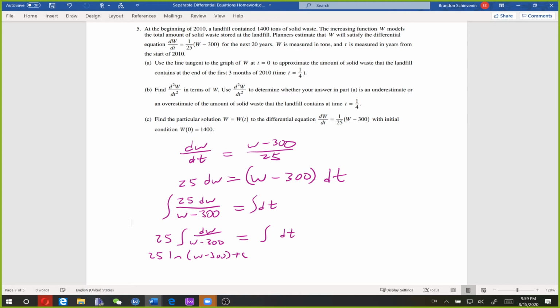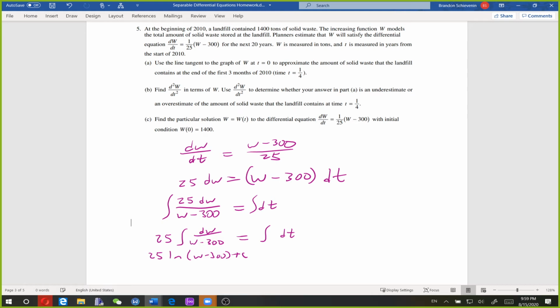Okay, the reason why I can do that, we could use a u substitution here. If u is w minus 300, this will be u prime over u. When I integrate u prime over u, I'd get natural log of u plus c, and I can resub back in for u. The reason why I'm doing that u substitution is because if this wasn't just w to the first power, if this was anything else, then I would have to have the derivative of that bottom part on top in order to use my natural log equation directly.